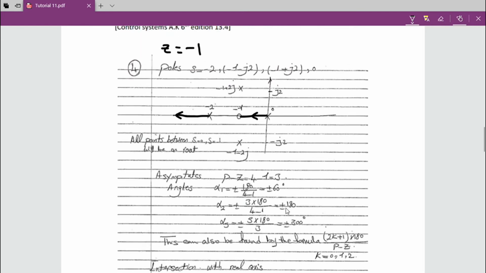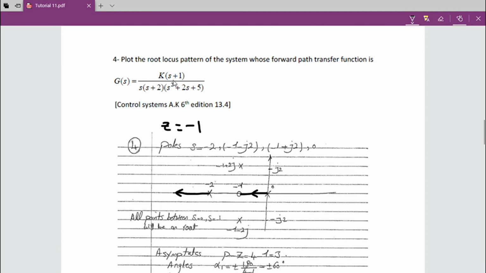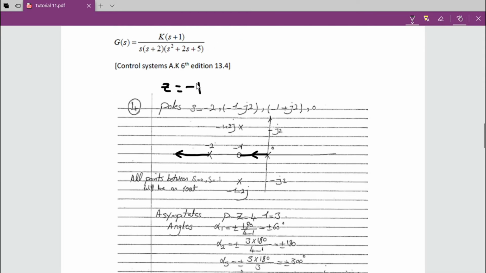Then what we need to also identify, we know the asymptote angle and the asymptote intercept, we have solved for those. We need to identify the root locus intercept at the j omega axis. So again, we substitute j omega in place of s, and then manipulate the equation so that you have a rectangular form, a real value plus minus imaginary value.